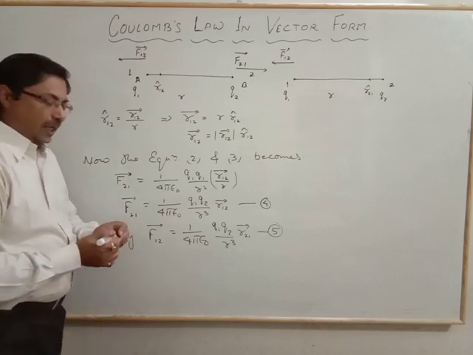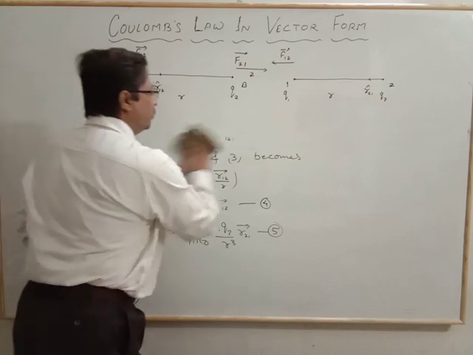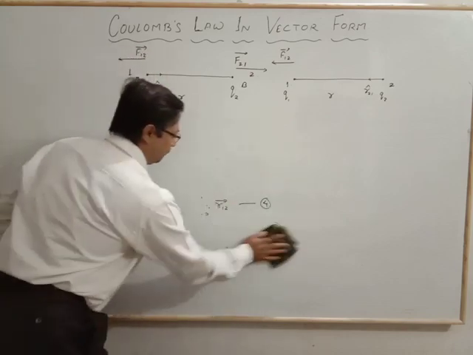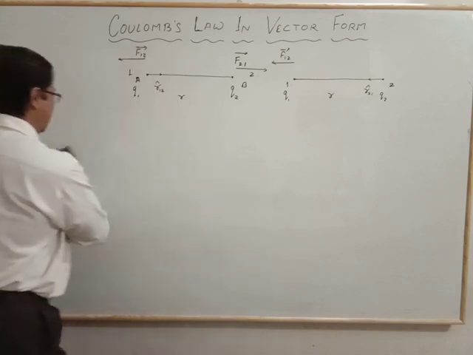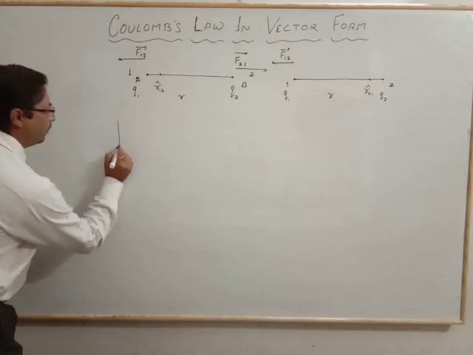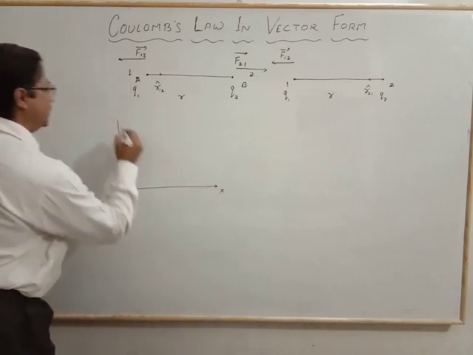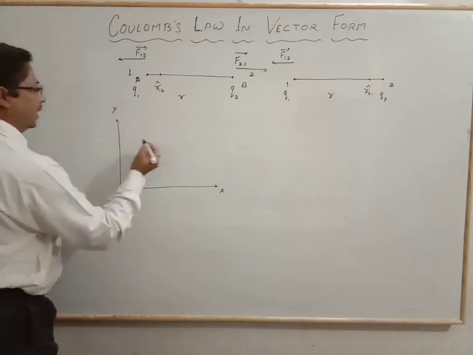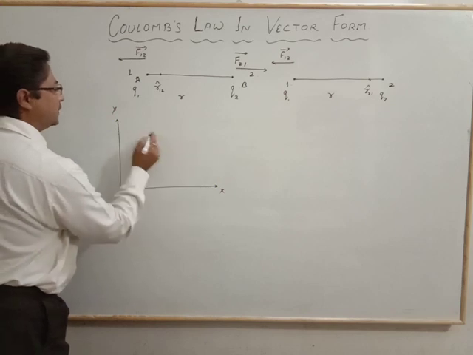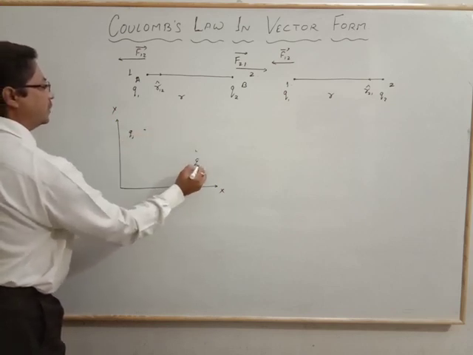One more way we can express it is when we consider the position vector from the origin. Let's consider this one, the two charges, here are the x and y axes, and suppose these are the two charges, q1 here and q2 here.